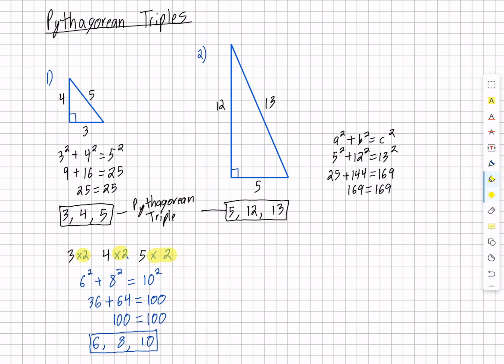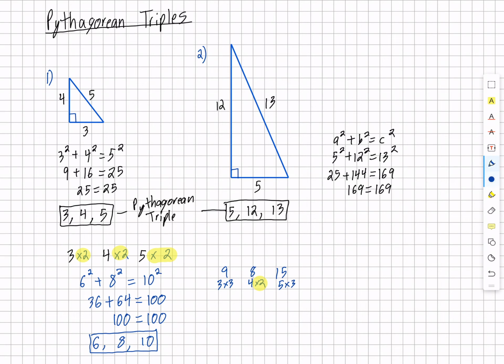So if we have multiples of 3, 4, and 5, say we have like 9, 8, and 15, yes, these are all multiples of 3, 4, 5, because we'd have 3 times 3, 4 times 2, and 5 times 3. However, it wouldn't be a Pythagorean triple because the 4 is being multiplied by 2, and the other ones are being multiplied by 3.